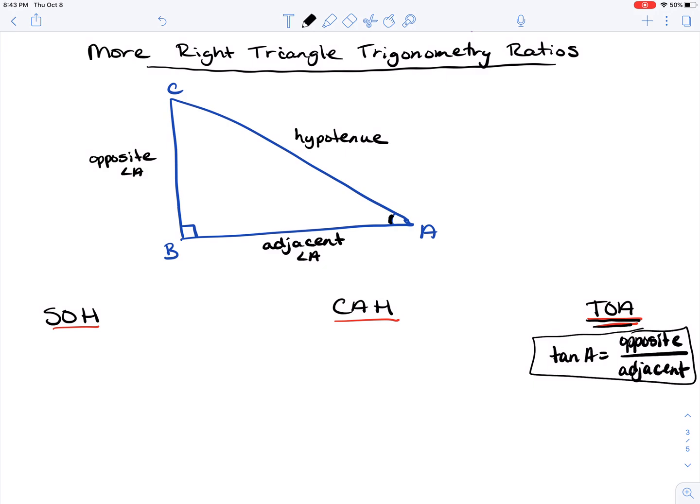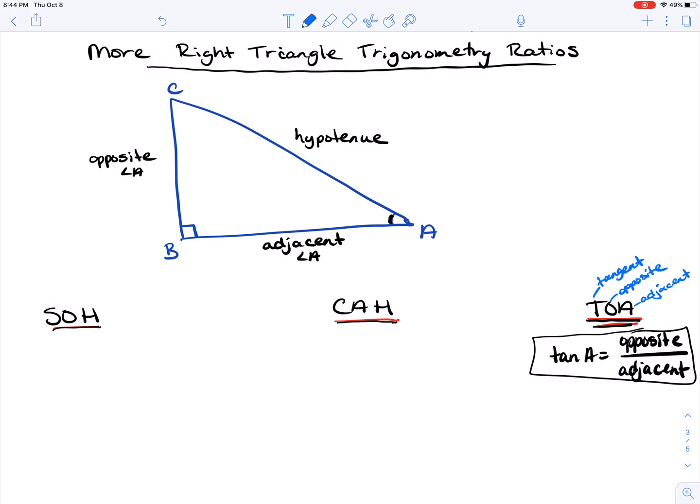There are two more. There's SOH and then there's CAH. So if I look at the acronym TOA, I know that the T stands for tangent, the O is opposite, and the A is adjacent. So what do you think SOH and CAH equal?